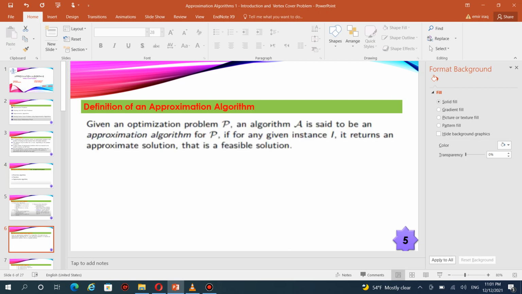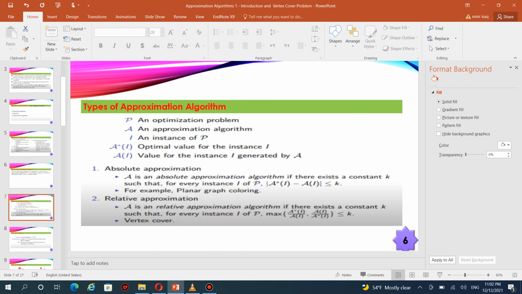In the next slide, we will give the definition of an approximation algorithm. Given an optimization problem P, an algorithm A is said to be an approximation algorithm for P if, for any given instance I, it returns an approximate solution, which is a feasible solution. We have P, the optimization problem, and A, the approximation algorithm.